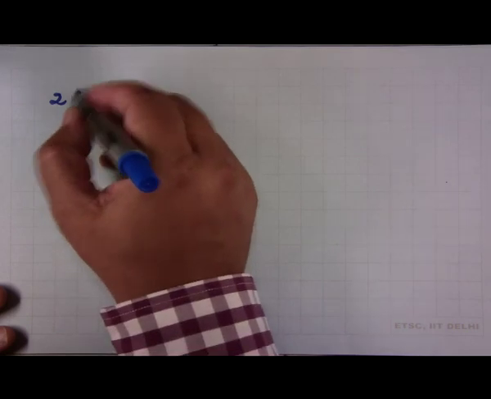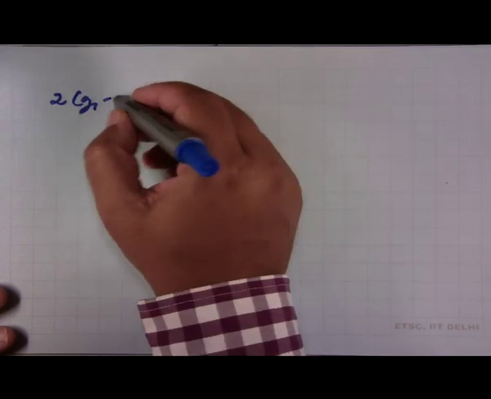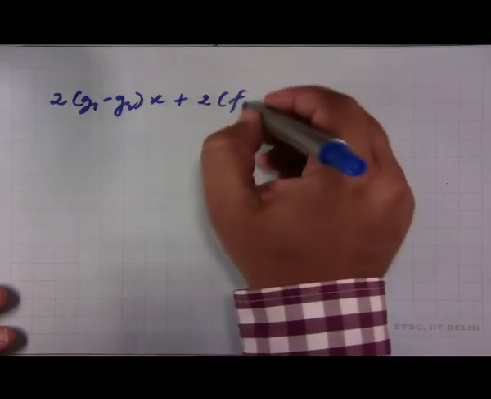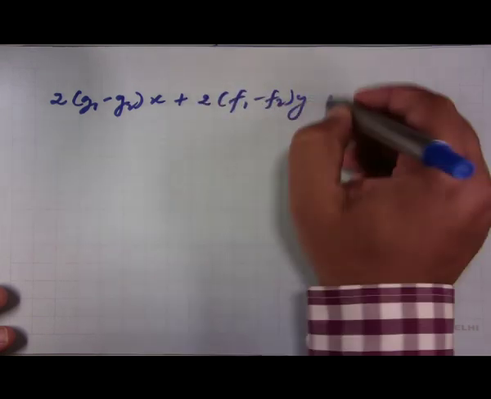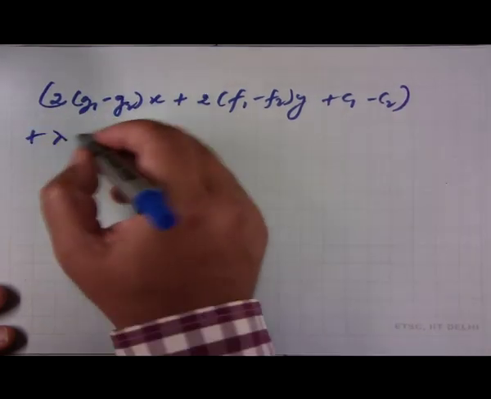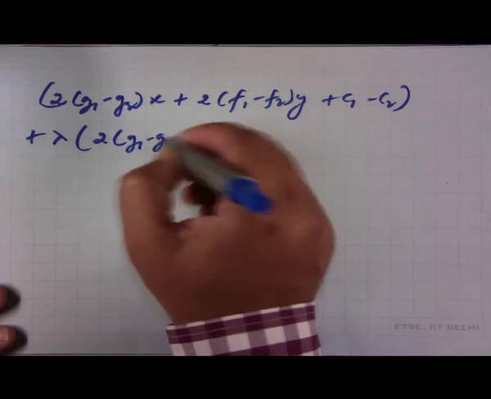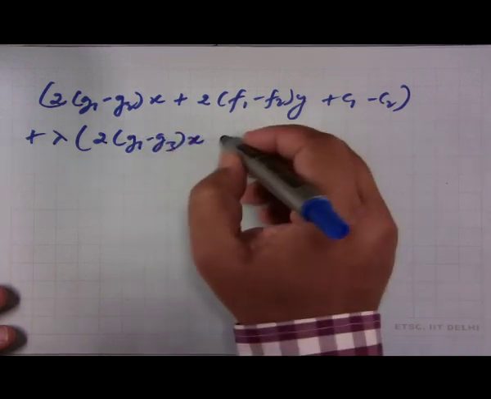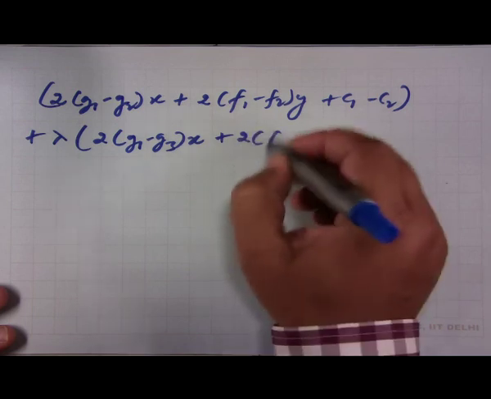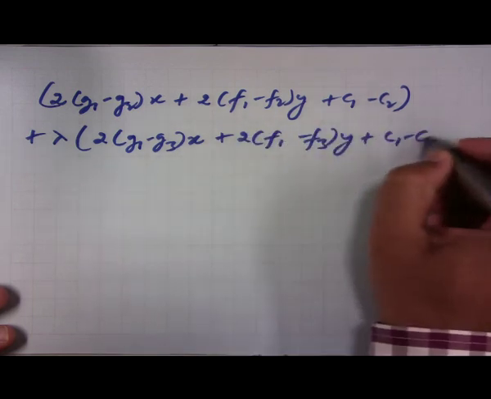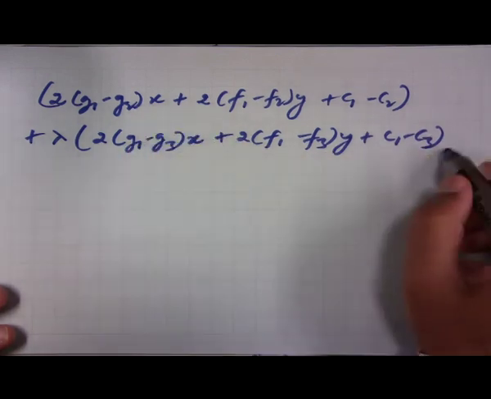So, L1 is this plus lambda times L2 is this. So, L1 plus lambda L2 is 0.